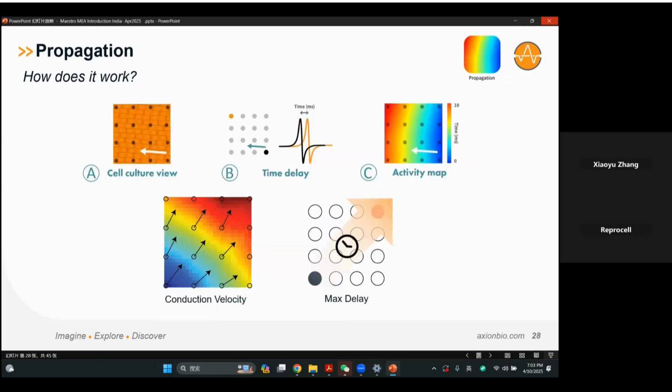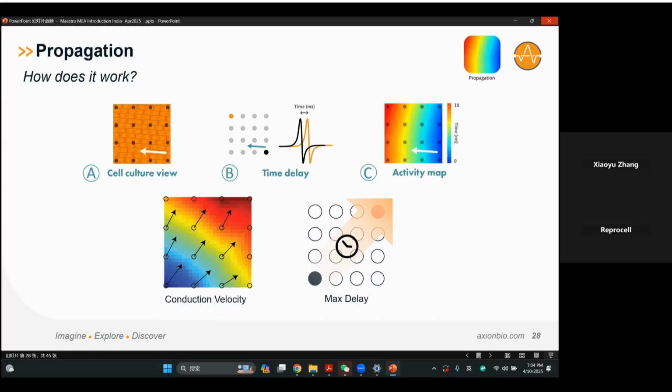Let's move on to the second key measure, which is called propagation. When cardiomyocytes are cultured in the MEA plates, there are multiple electrodes in each well. Each beat is initiated in one part of the culture and propagates across the monolayer. The measurement of cardiac beat propagation and conduction velocity is only possible with an array-based approach.